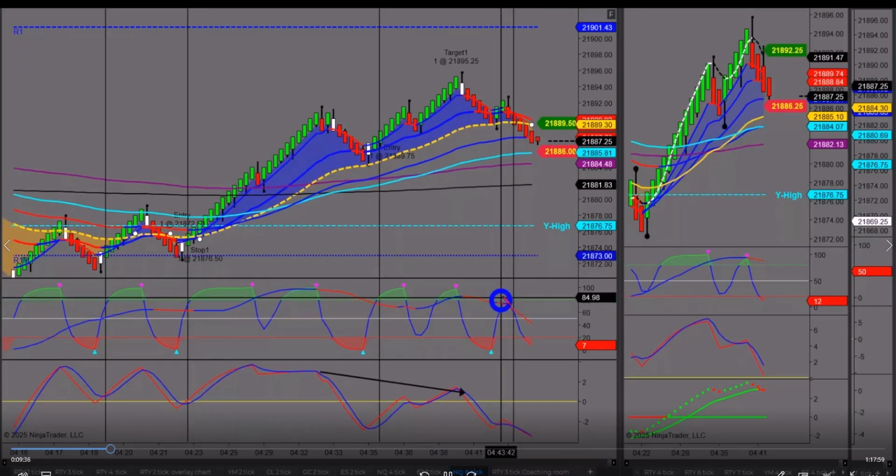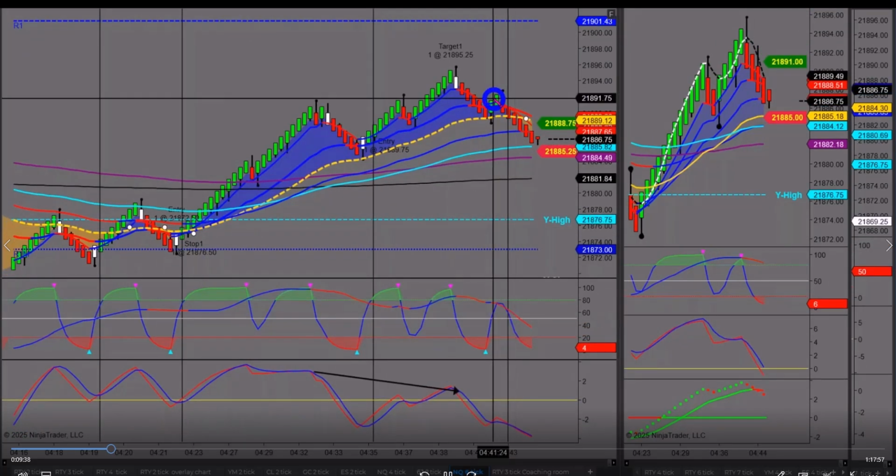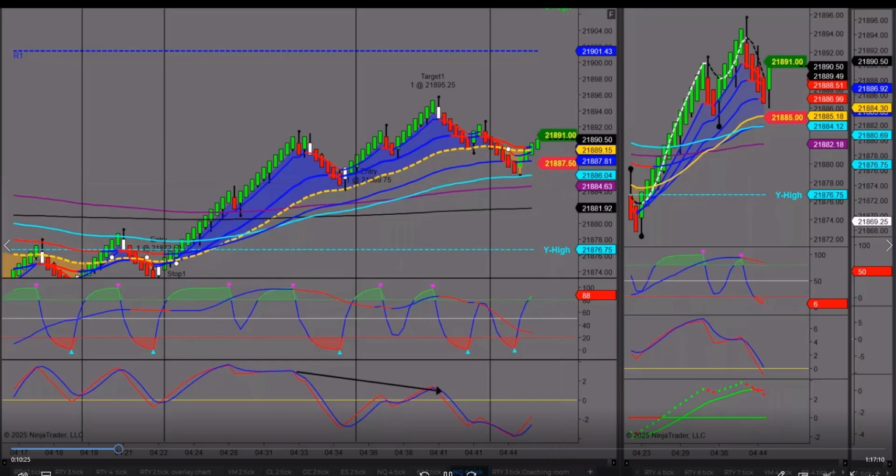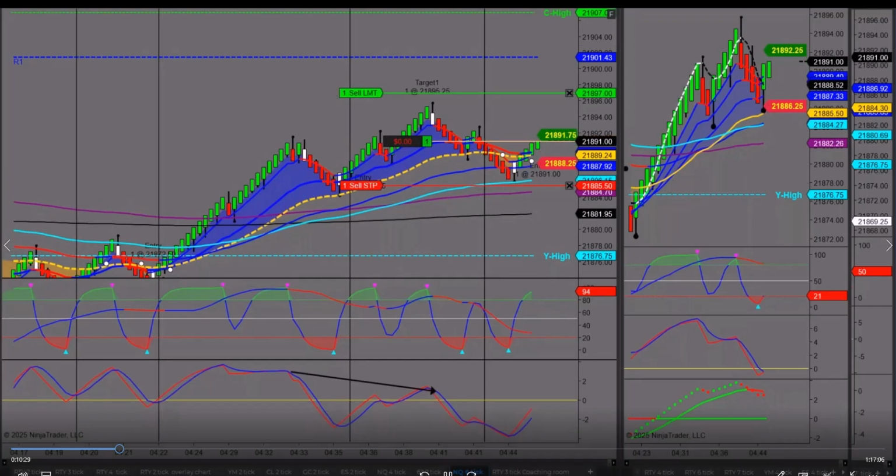So I'm just looking for a setup. And I've got one. There's a potential long just there, and this is what I call a 2B, just a plain vanilla setup. I'm looking no doubt at the swing high over here.